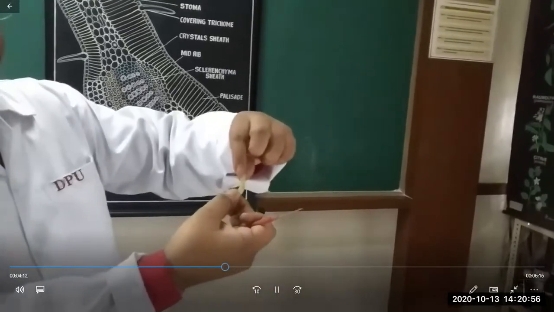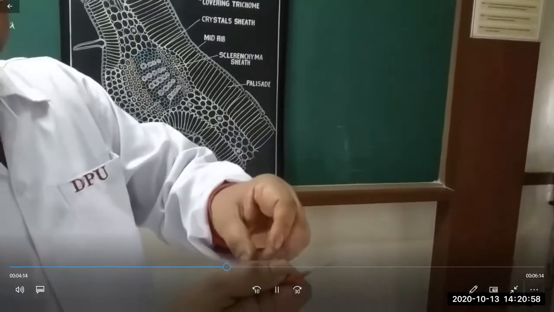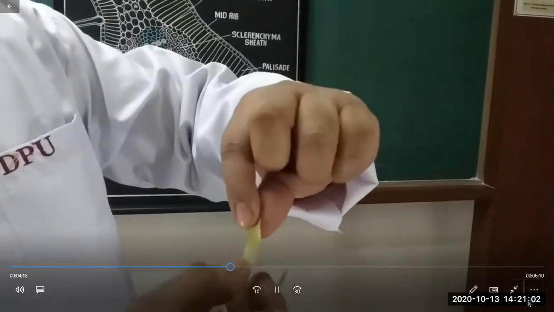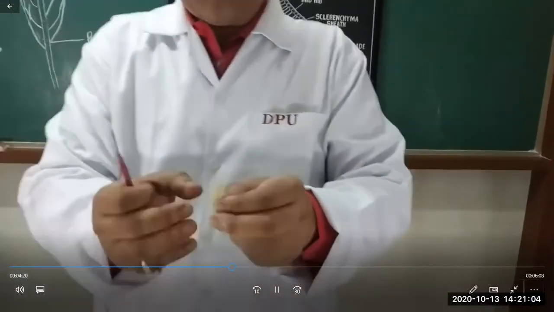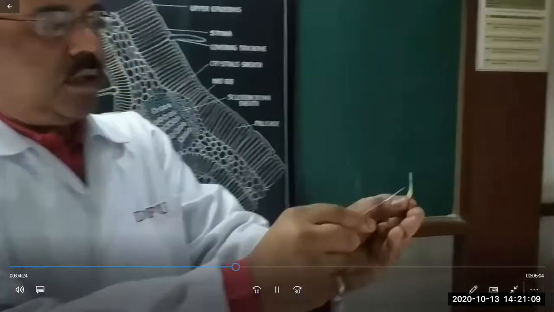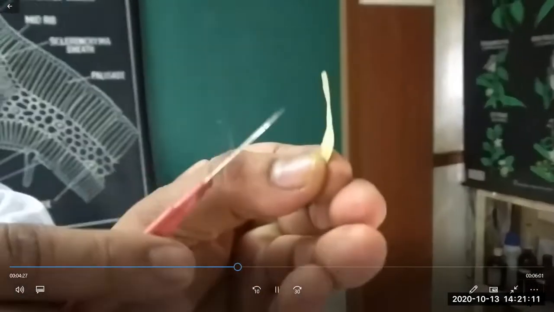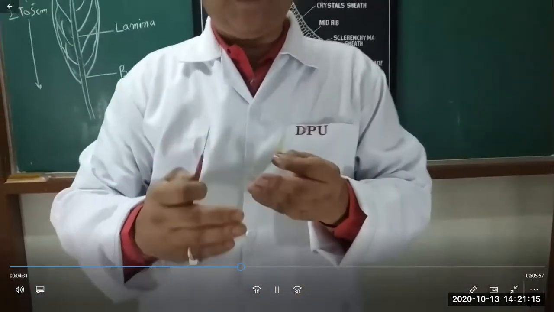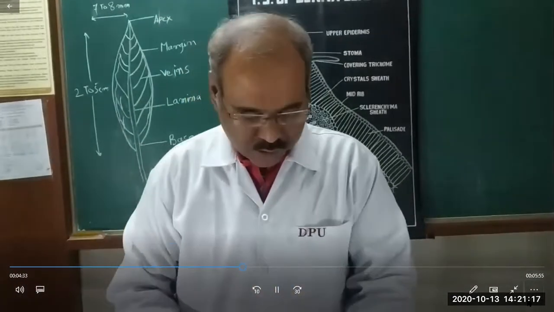So this is again the midrib portion. The reason for taking the section from the midrib portion is that the diameter is large there. That's why all the microscopical features will be distinctly, clearly visible.